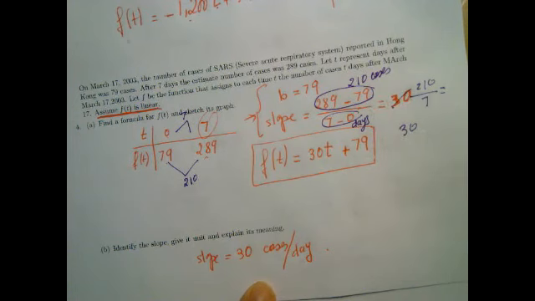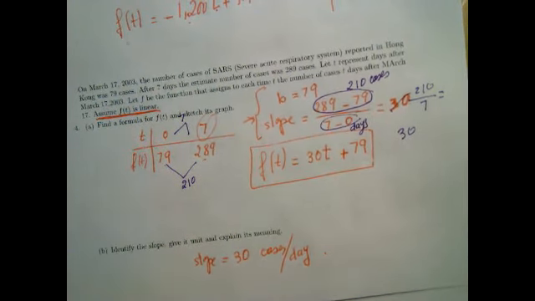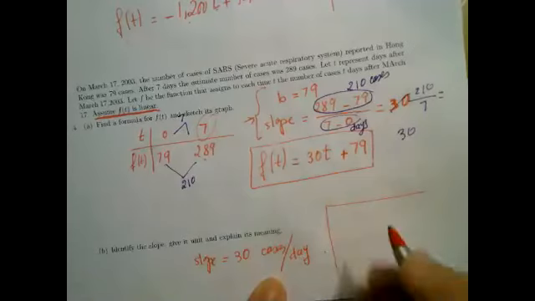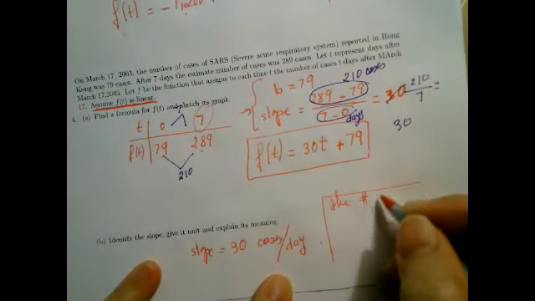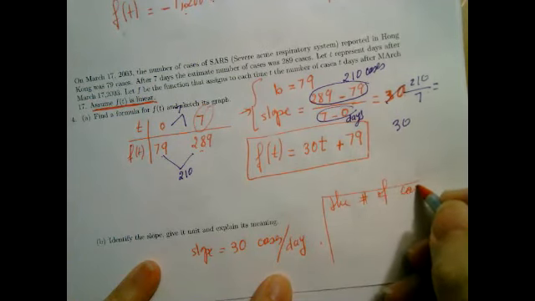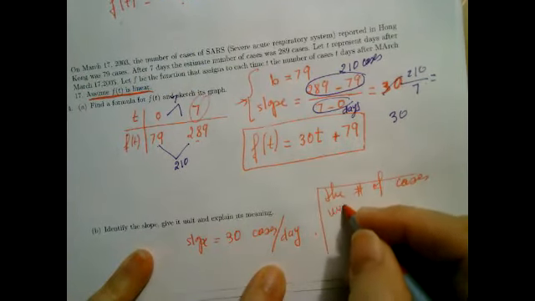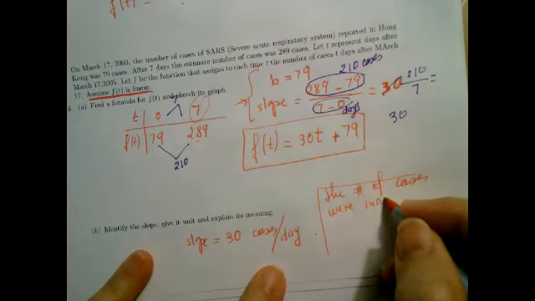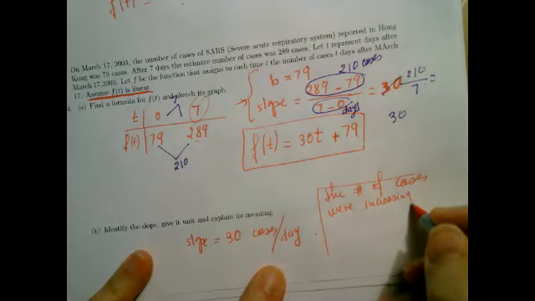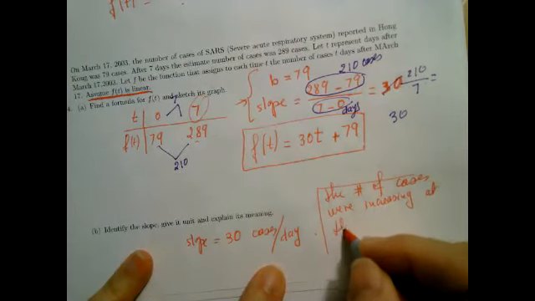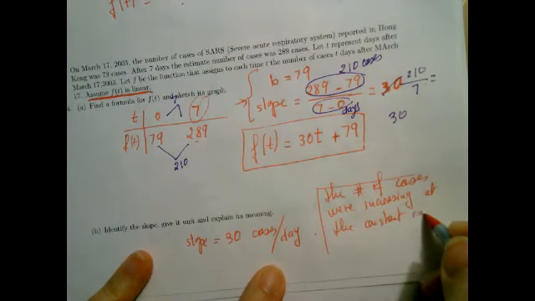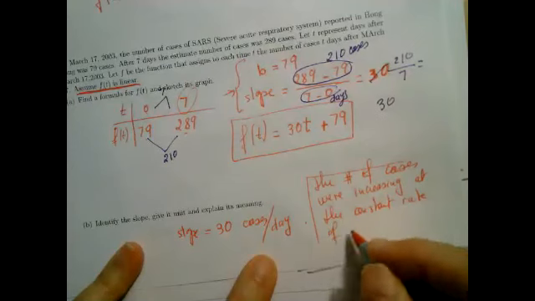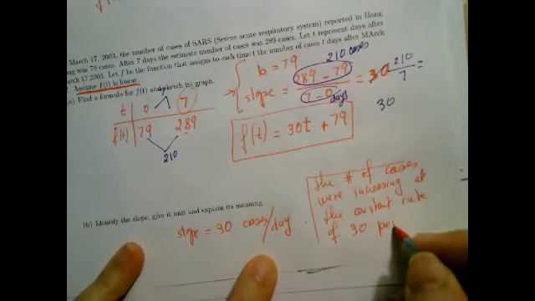Because I told you it's linear, it means the number of cases were increasing at a constant rate of 30 per day.